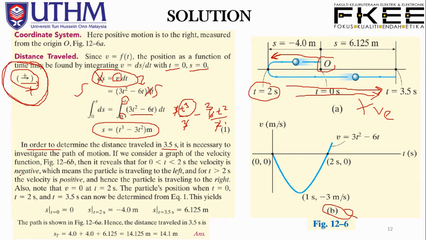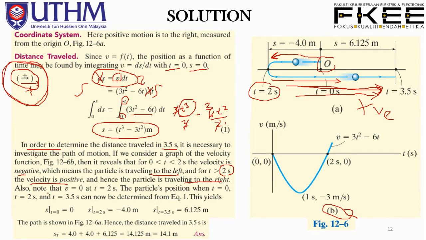So velocity is negative, which means the particle is traveling to the left. And for t greater than 2 seconds, positive velocity. Okay, because after 2 seconds, the particle is now moving to the right, parallel with the positive direction we have defined earlier. And hence the particle is traveling to the right.